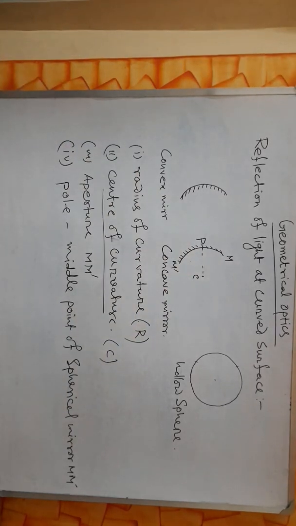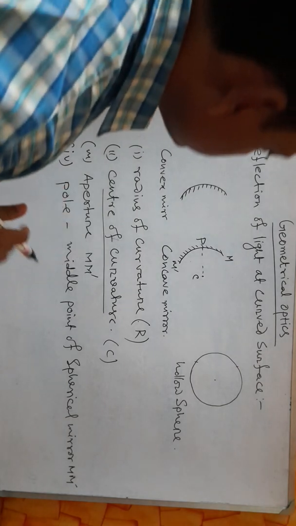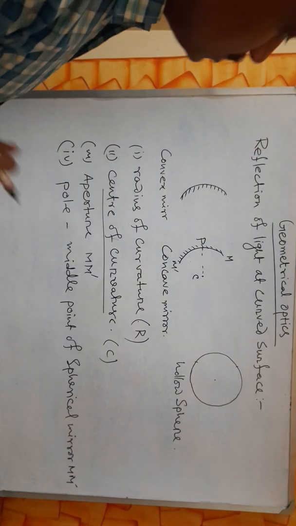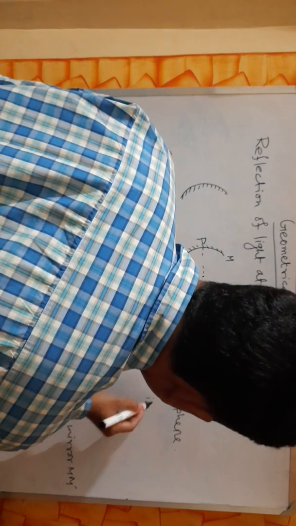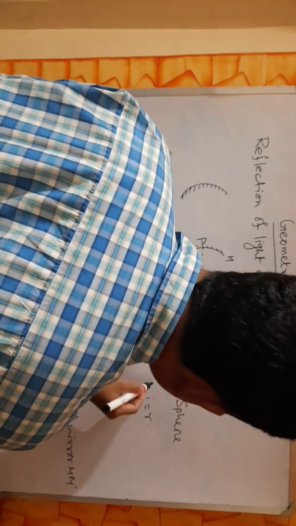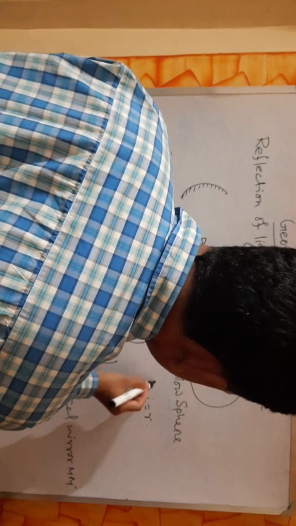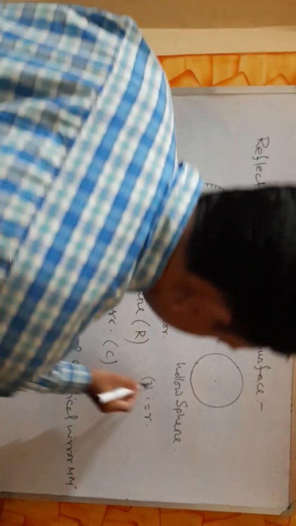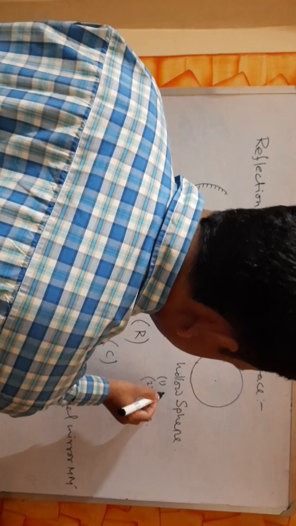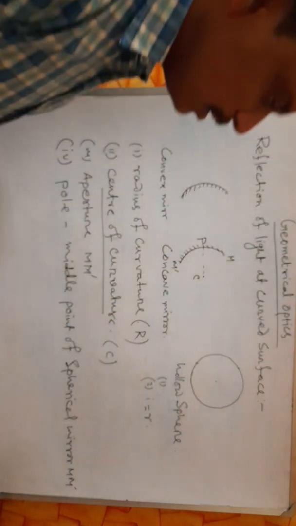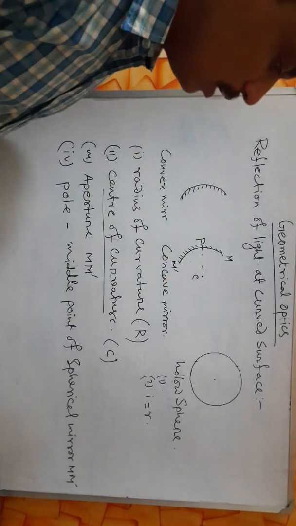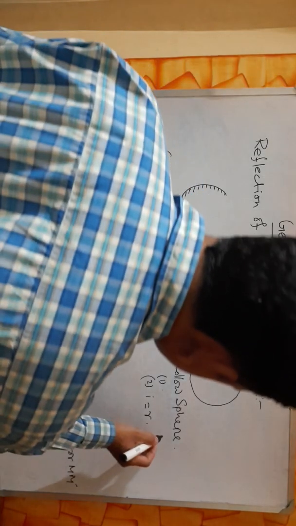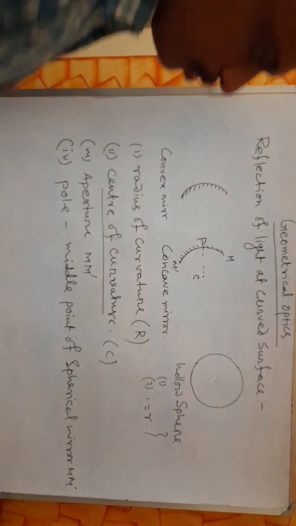The reflection follows the two laws of reflection: the angle of incidence i equals the angle of reflection r, and the incident ray and reflected ray at the point of incidence and the normal are in the same plane. These are the rules of reflection.